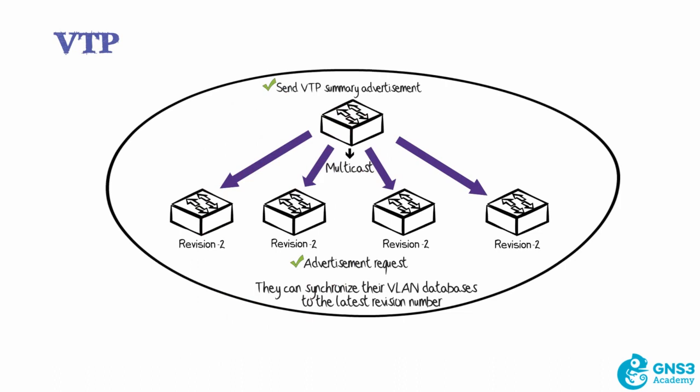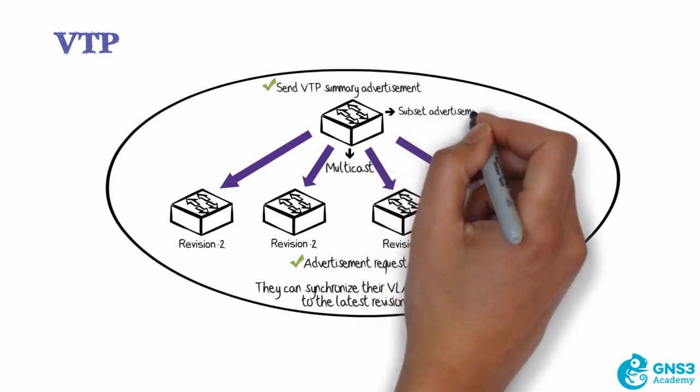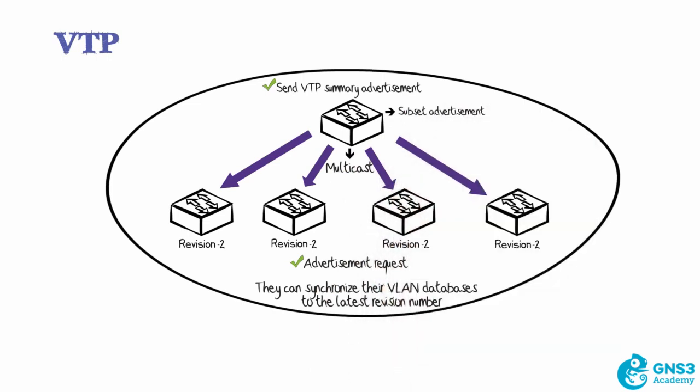They then request those changes from the top switch using an advertisement request, and the top switch will send detailed information about the VLAN changes using what's called a subset advertisement. All of the switches in the same VTP domain synchronize their database to the top switch, and their configuration revision number will change to be the same as the switch where the changes were made.